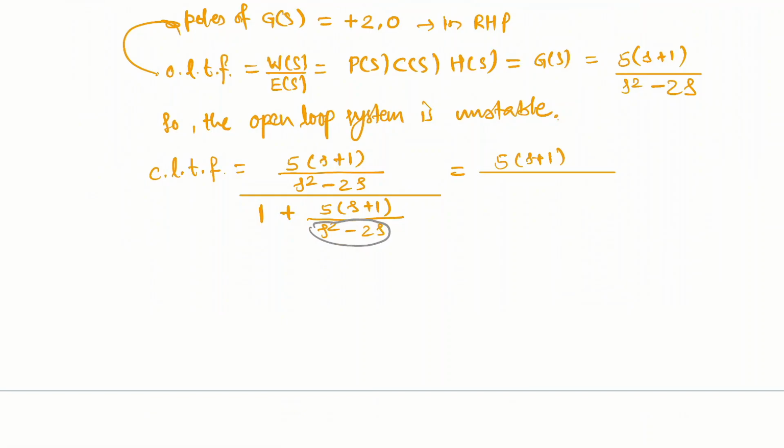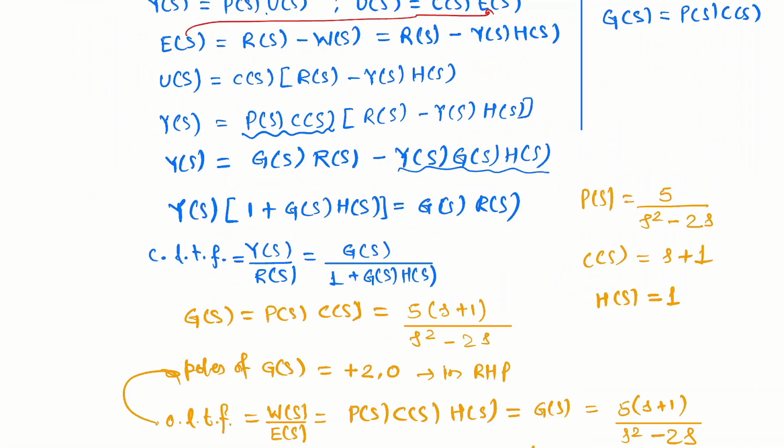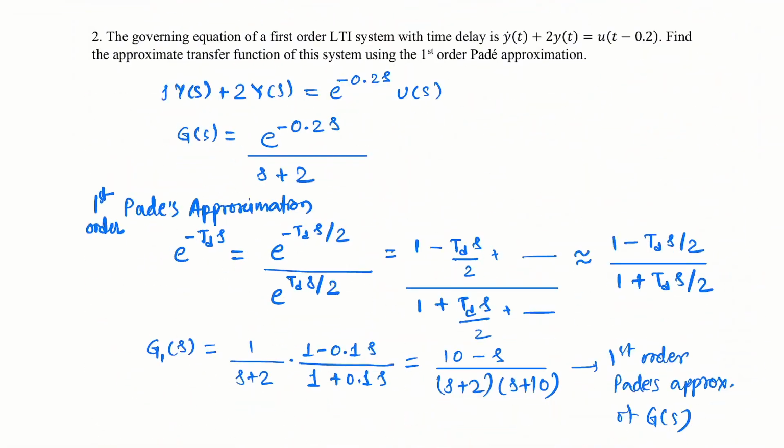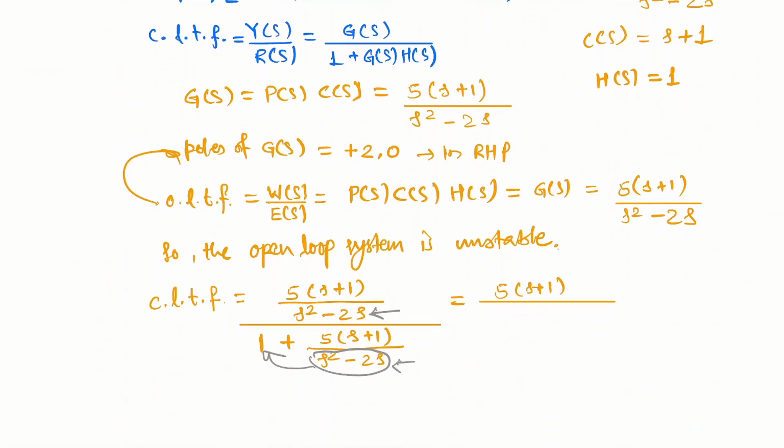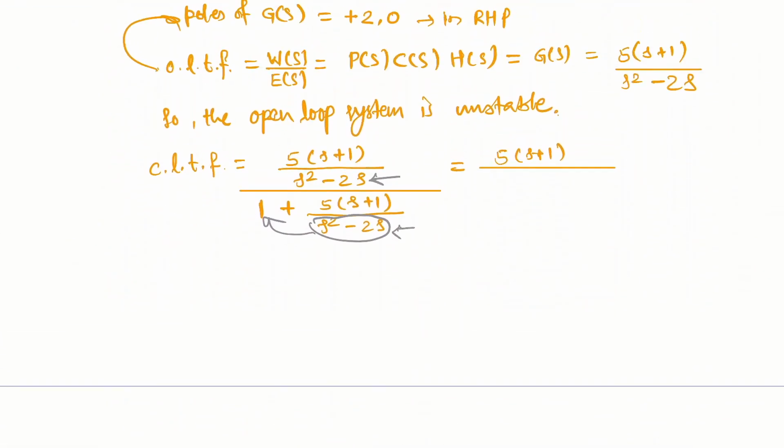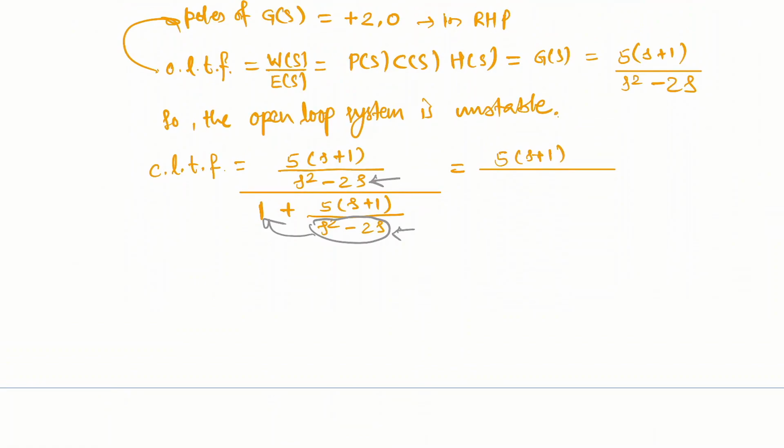After we cross multiply, this term and this term in the denominator would get cancelled. So we would have s square minus 2s plus 5s plus 5.